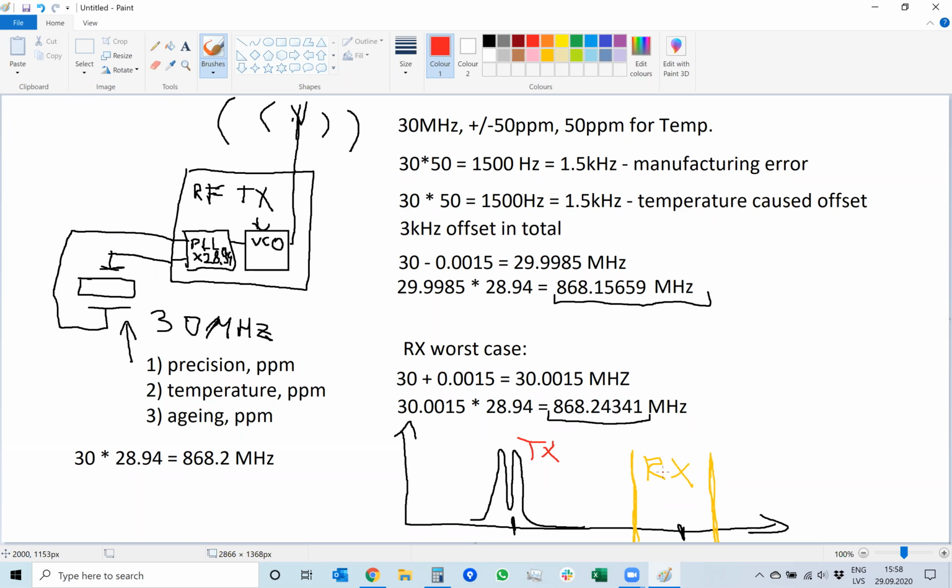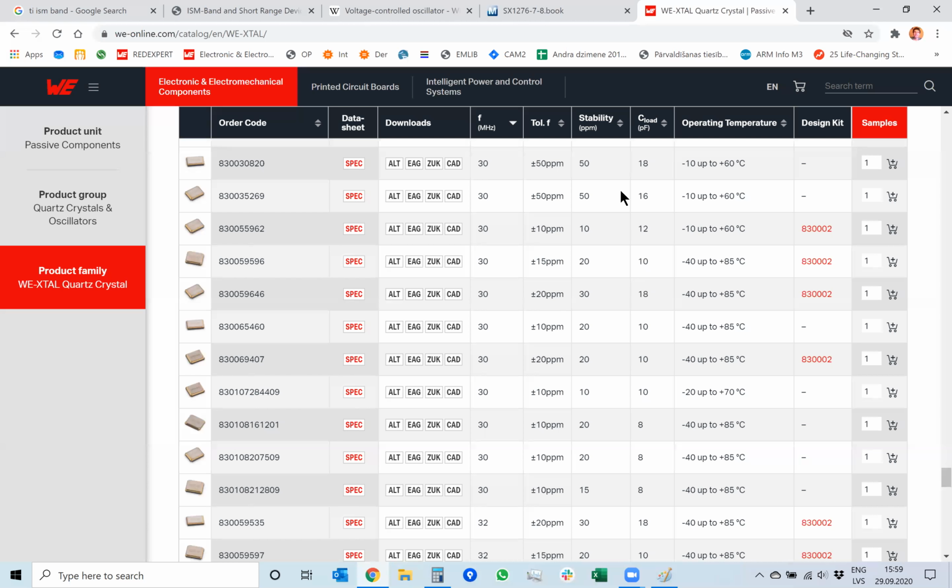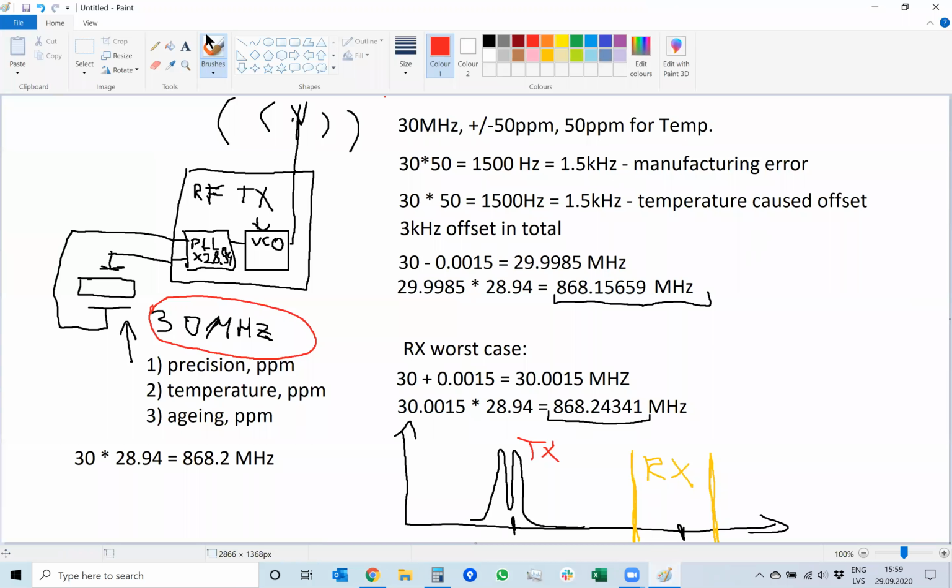So in radio frequency deals, you need to remember that this crystal needs to be as precise as possible. And as you can see, you should not use this 50 ppm. You should use something like 10 ppm, maybe 15 ppm, and maybe even more precise crystals. So crystal is really important.